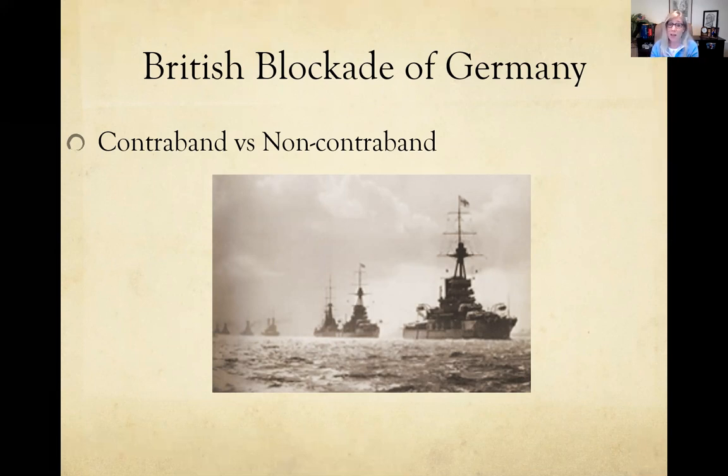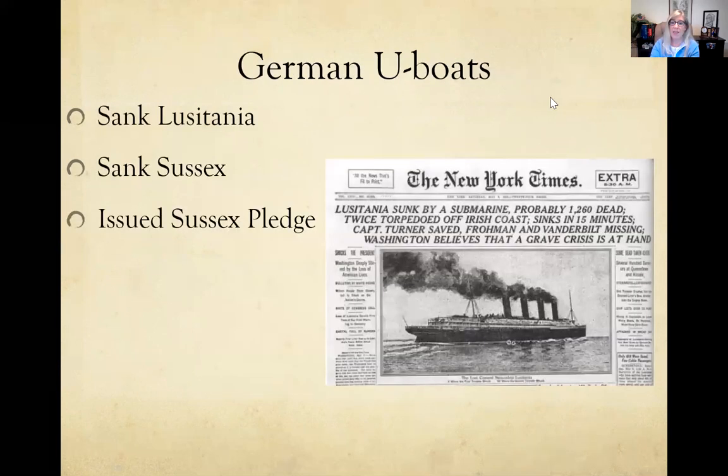So the United States is saying that we're involved in non-contraband trade with these other countries, and that's going to get messy. The Germans are also suspicious that the United States is trading with Great Britain, and the Germans just start sinking all of the British ships in the North Atlantic.